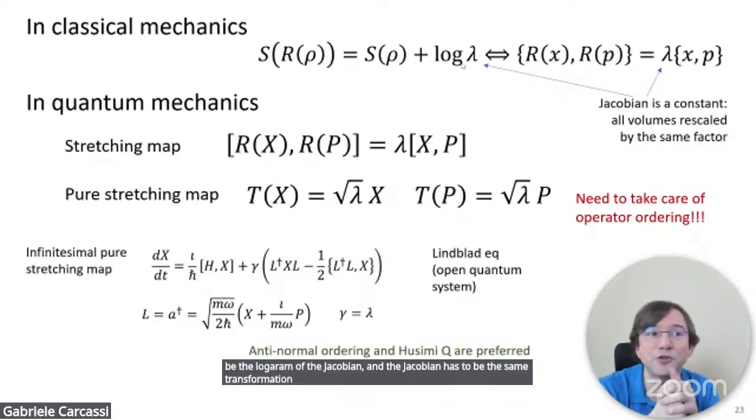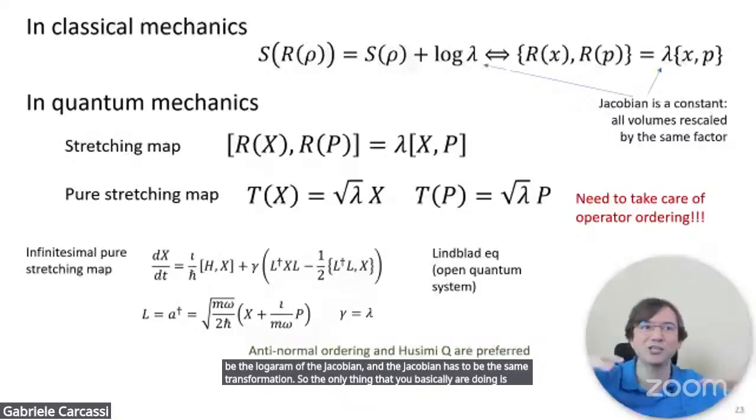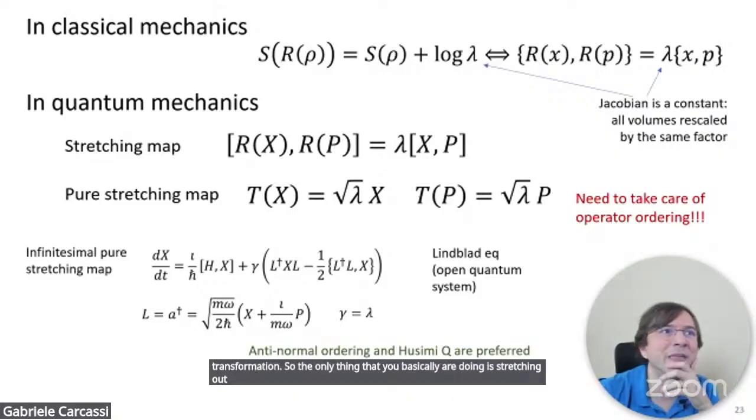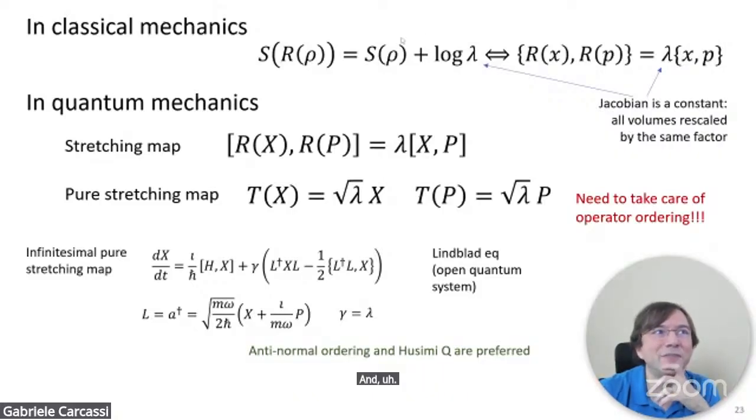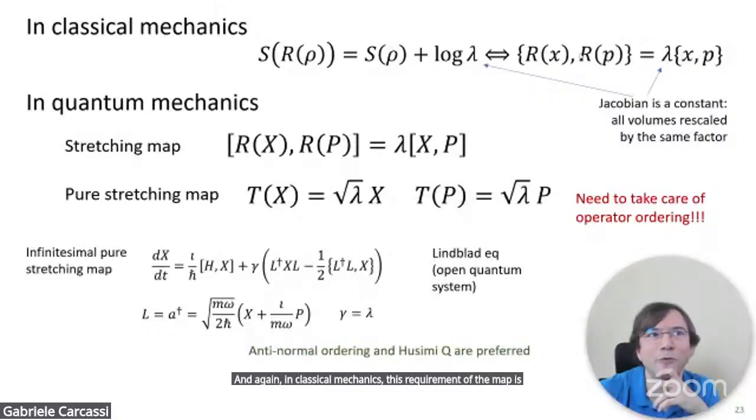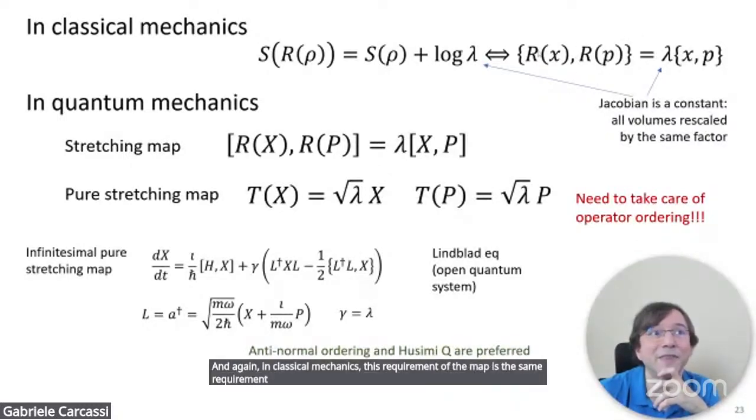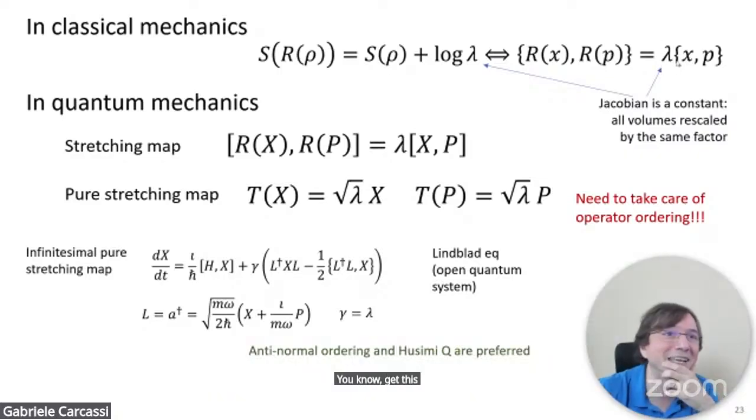So the only thing you are basically doing is stretching out phase space. And again, in classical mechanics, this requirement on the map is the same as asking that the Poisson brackets get this constant in front of them.